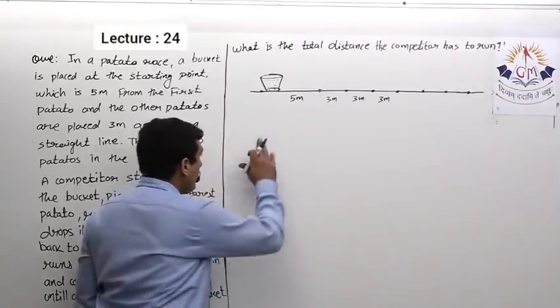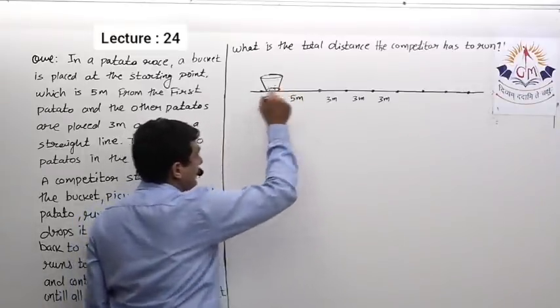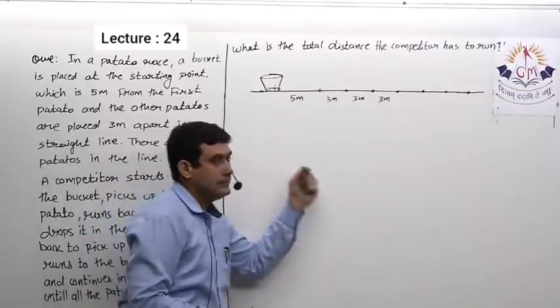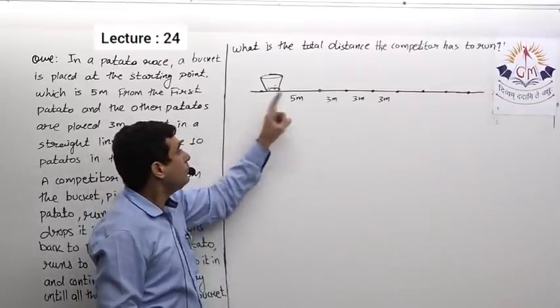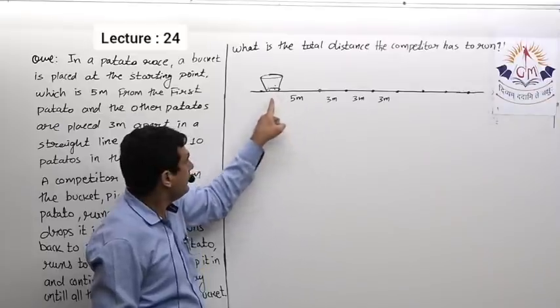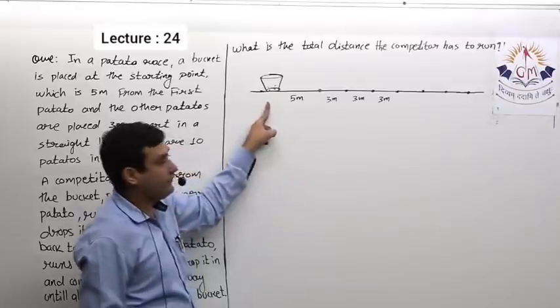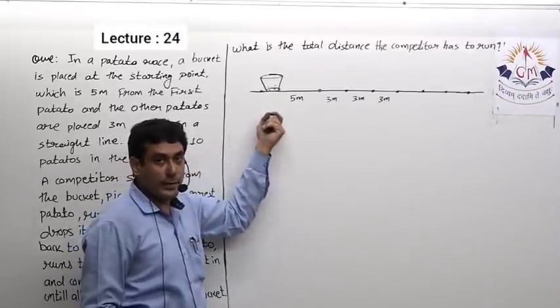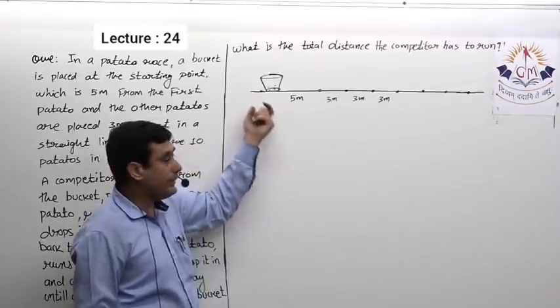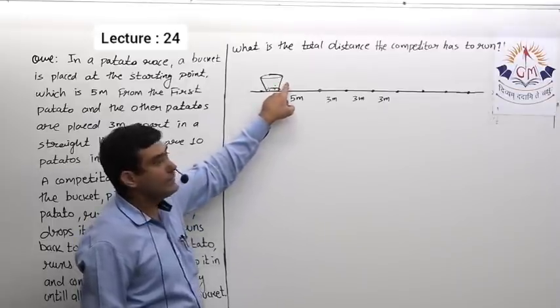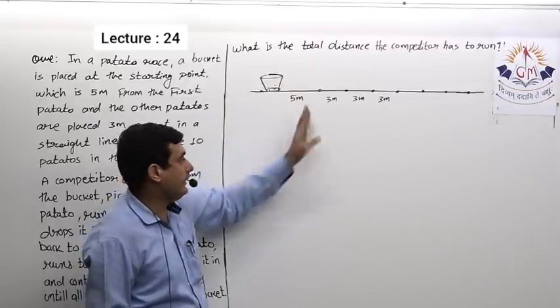So first of all, how much distance does the competitor have to travel to take the first potato? See, from here it will start, so 5 plus 5. So to take the first potato and drop it in the bucket, the competitor has to travel 10 meters.